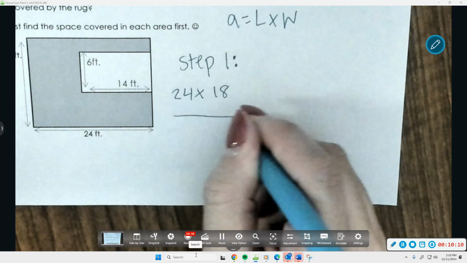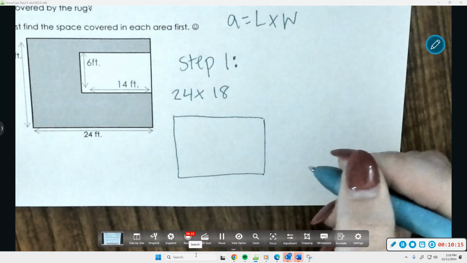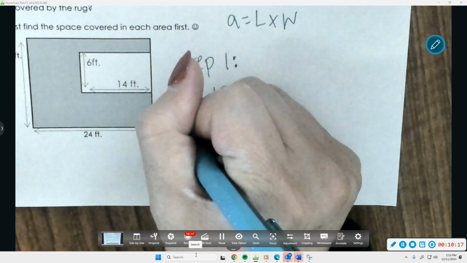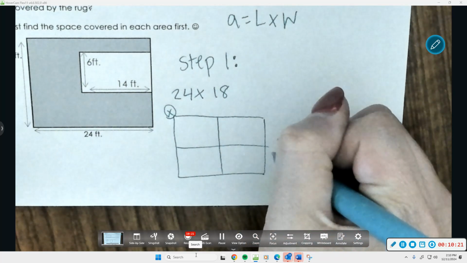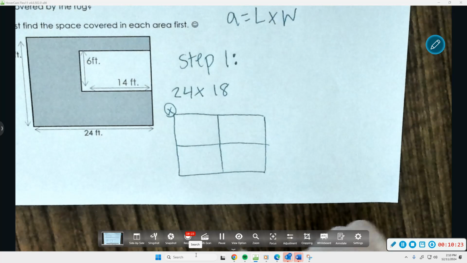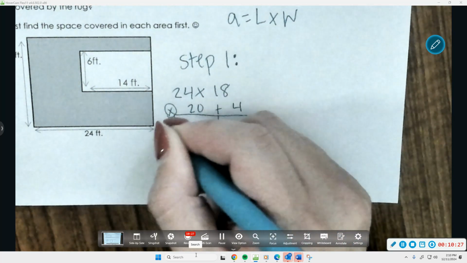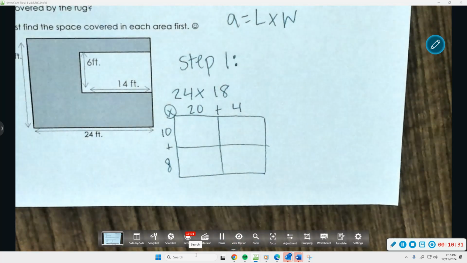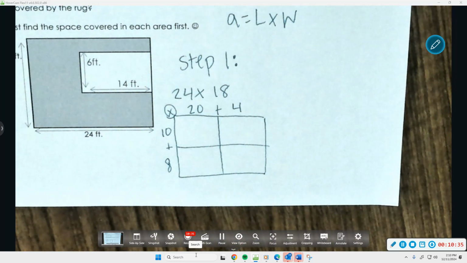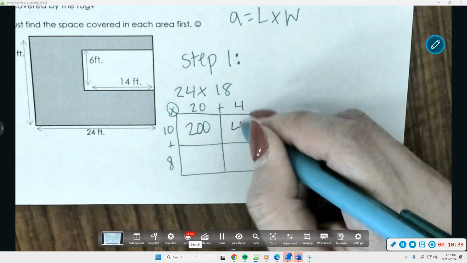I'm going to do partial products. Again, it's whatever works for you. 20 plus 4, 10 plus 8. All right, this would give me what? 240.